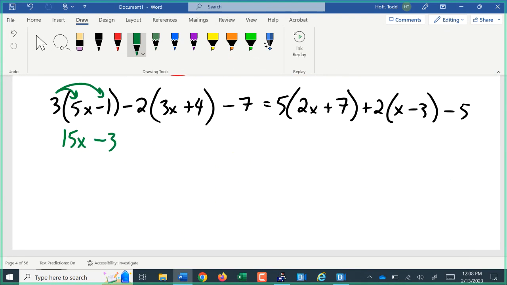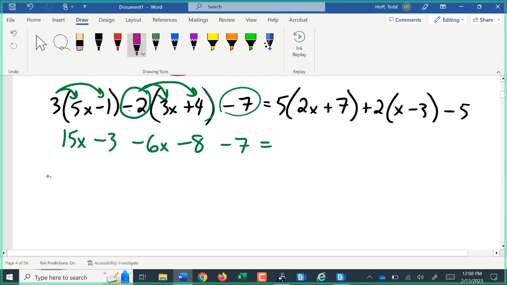We move to the next parenthesis. Again, there's nothing to do inside there. We do have to notice, though, that there's a negative 2 there that's multiplying the parentheses. So negative 2 times 3x is a negative 6x. Negative 2 times 4 is a negative 8. Now that's the end of the parentheses, so we're done multiplying, but we do still have the negative 7 there.